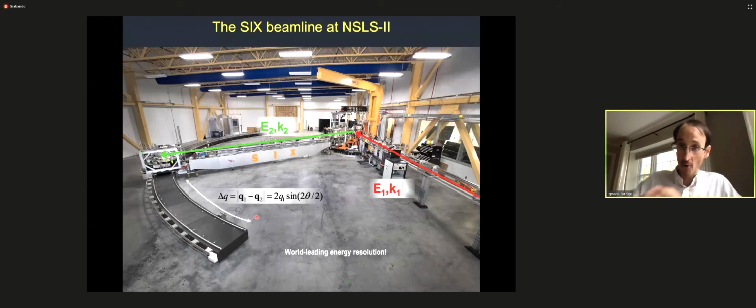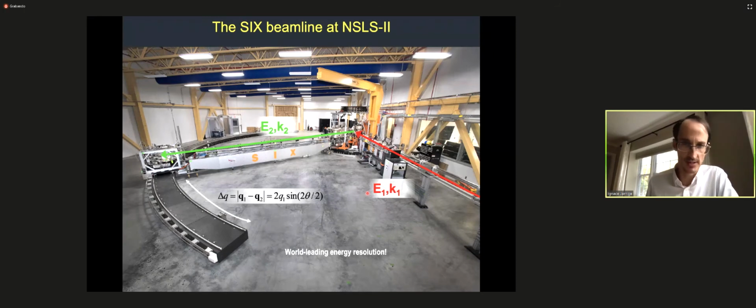And we probe momentum transfer, delta Q, by rotating the arm here on this granite track. So that's how we vary the scattering angle. So we have world-leading energy resolution, which goes as low as 13 meV at the oxygen K edge, 540 eV. We've now been in general user operation for over a year, but we've been taking users before that.